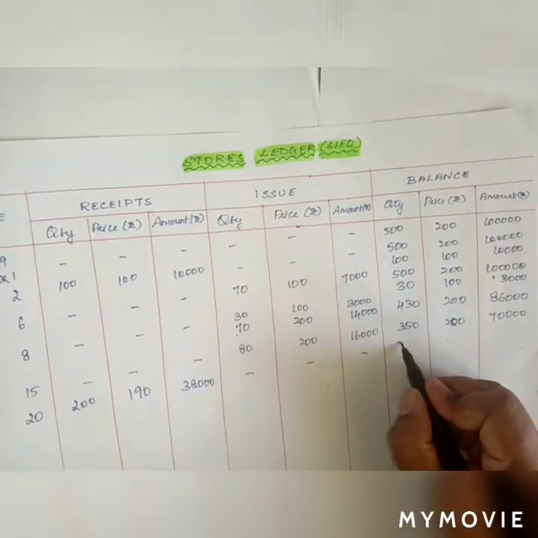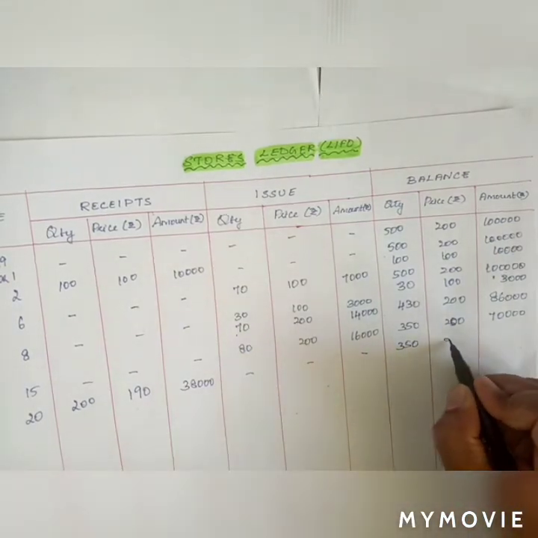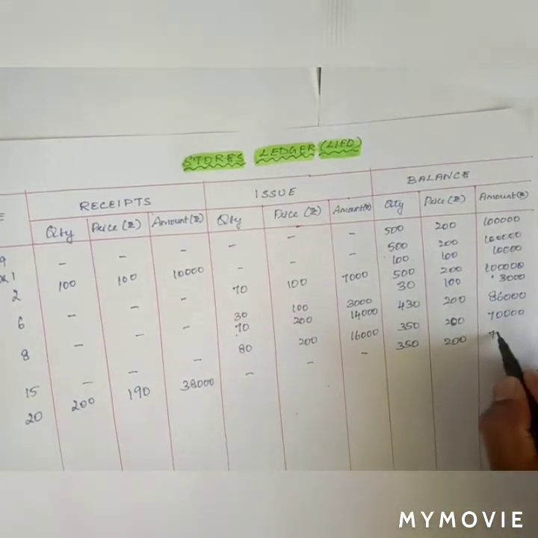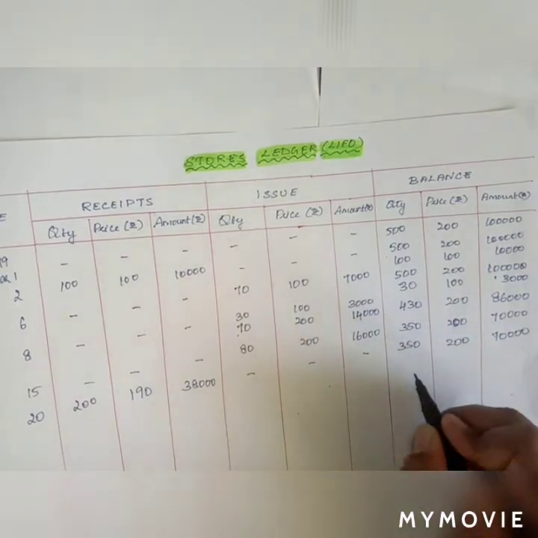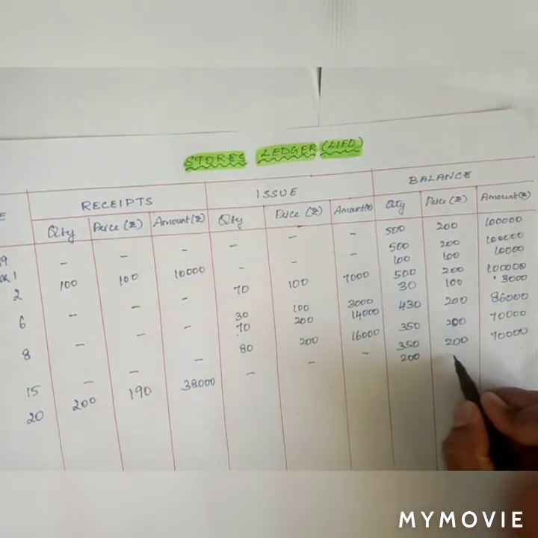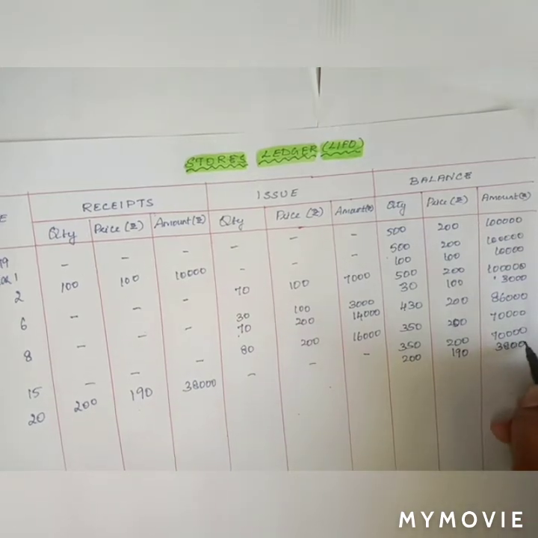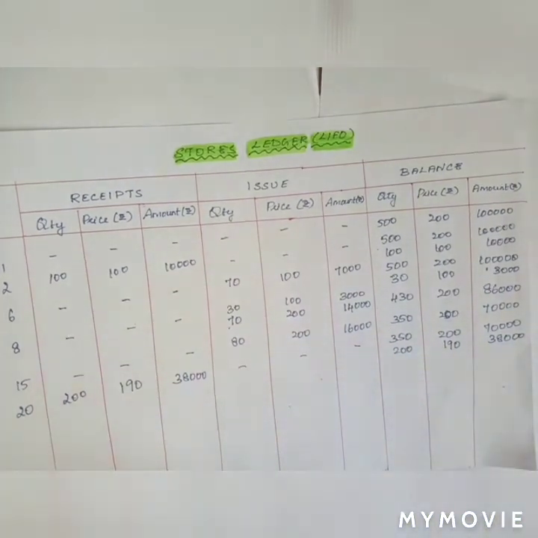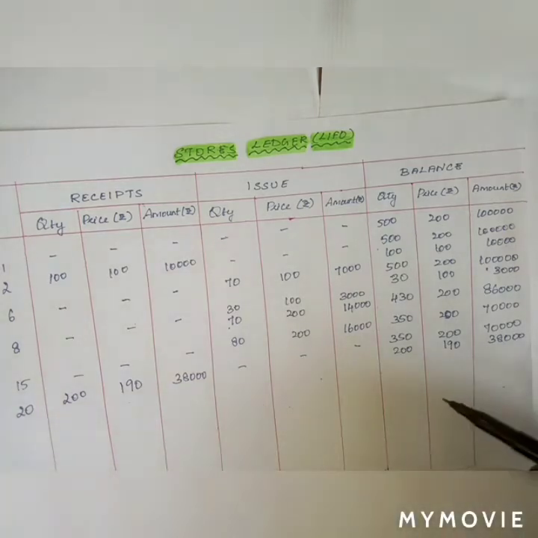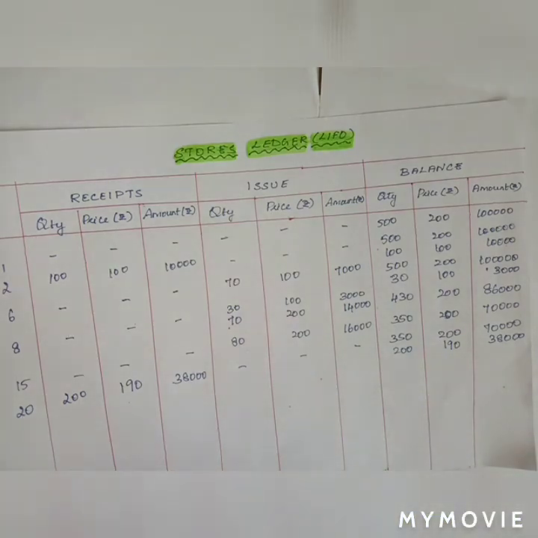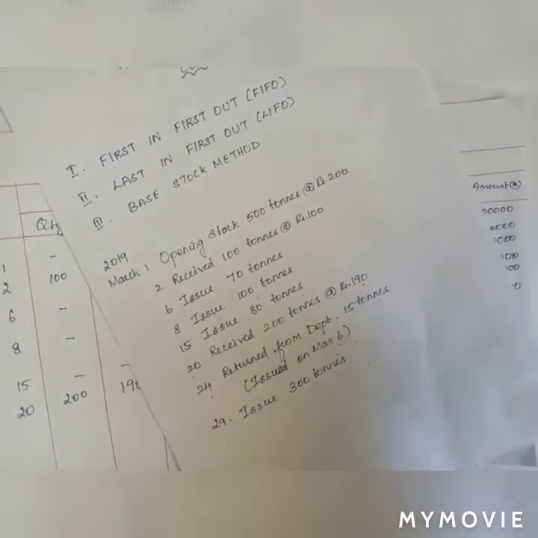So the balance will be, already we have 350 units of 200 rupees each, and now we have 200 units again, which is of 190 rupees, which is 38,000. So now on 20th the balance is 350 units at 200 rupees each, and 200 units at 190 rupees each. We'll see the next date.